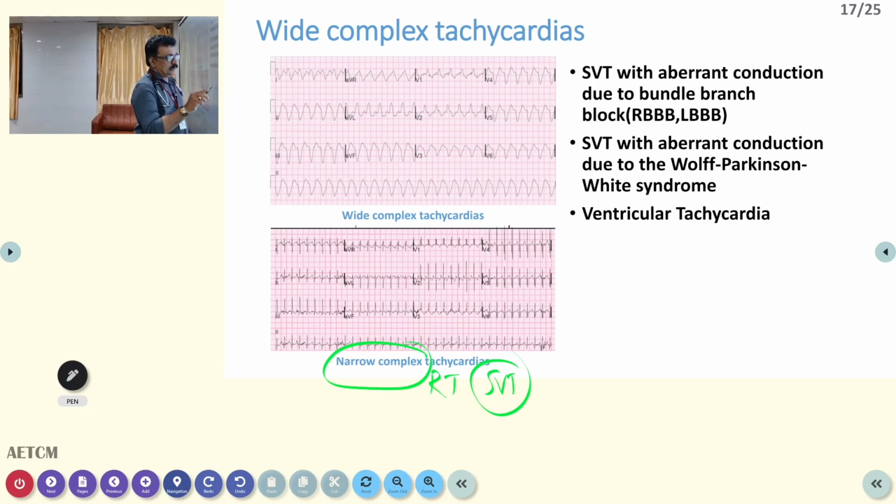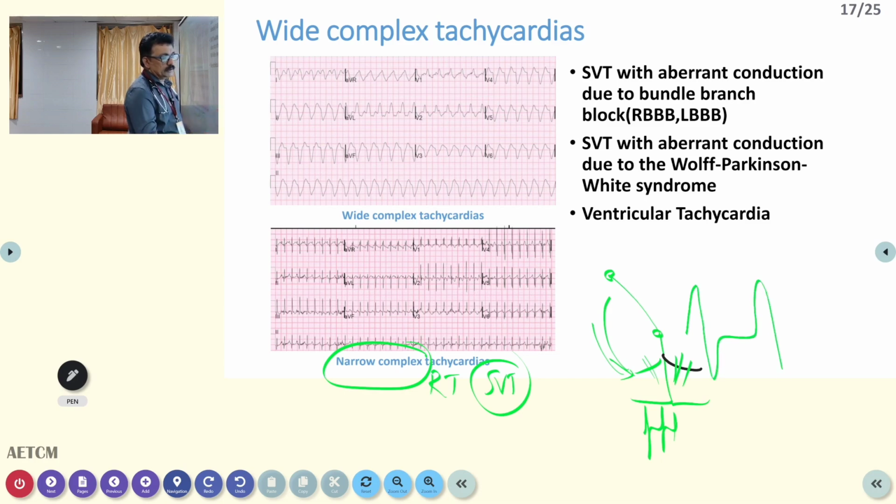With a normal conduction system and tachycardia, you only have a narrow complex tachycardia. But if there is a problem in the left bundle or right bundle, or if there is an accessory pathway, all these are aberrancies in the normal pathway. In that condition, if the patient develops tachycardia, the QRS complex will be wide. Whereas without any aberrancy, it will be narrow.